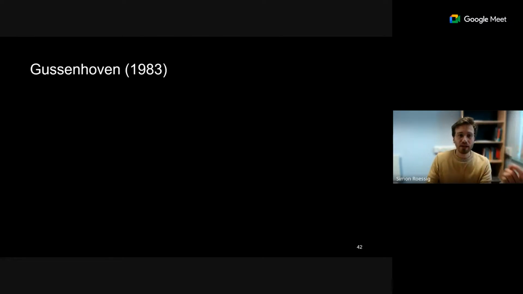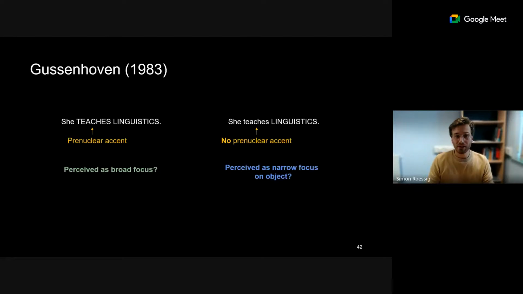Gussenhoven, 1983, is probably one of the first experiments to look at the role of prenuclear accents in perception. He asked the question whether a sentence with a prenuclear accent on the verb will be understood as a broad focus statement, while the lack of the prenuclear accent on the verb signals a narrow focus on the object.